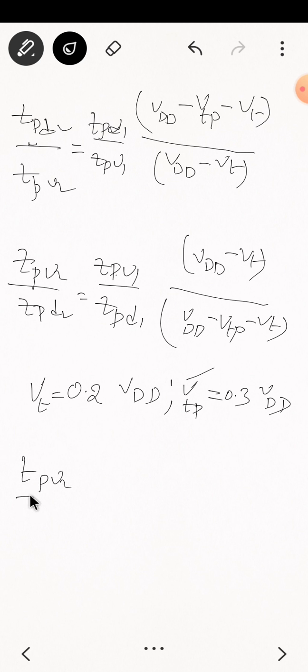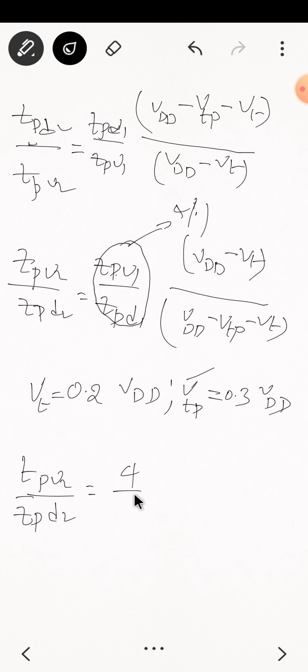ZPU2 by ZPD2. We already measured in the equation the pull-up to pull-down ratio of an inverter driven by another inverter, which is equal to 4 by 1. I am substituting 4 by 1 here.